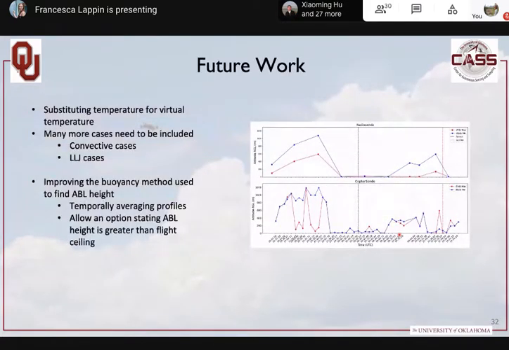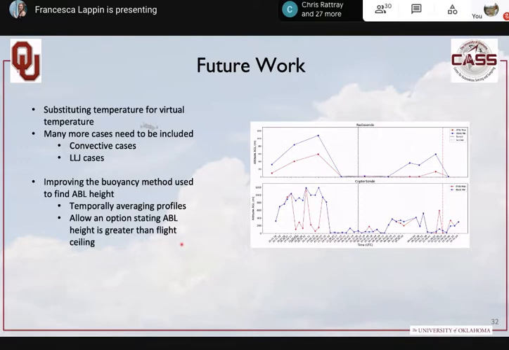Future work is going to include using more cases, evaluating more cases to see if we see similar attributes, that kind of rapid destabilization before convection, or a slightly weaker but stabilization before a low-level jet.